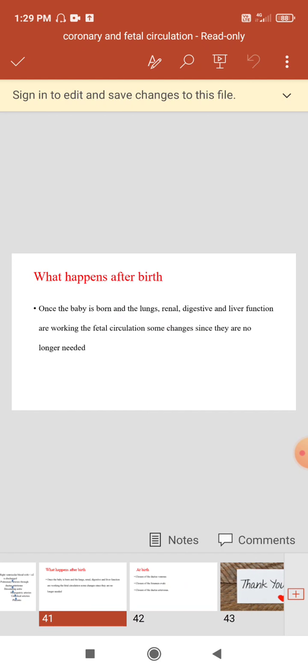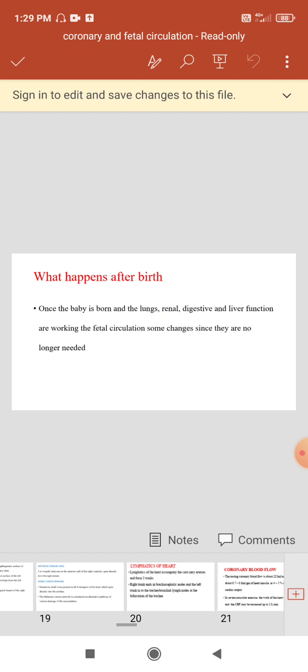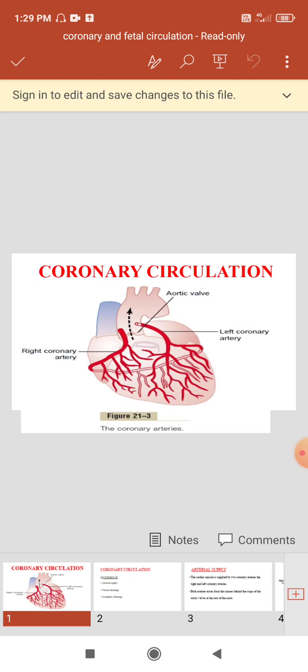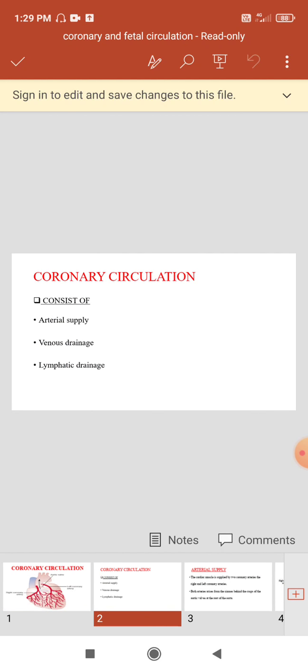I think all of this is clear, because we have already seen these circulations before in our BSc time, as well as the coronary circulation, which we learned as a basic. Today we discussed the coronary circulation, the three things that constitute it, in detail. For application aspects of coronary circulation, we have angina, MI (myocardial infarction) and coronary artery disease.